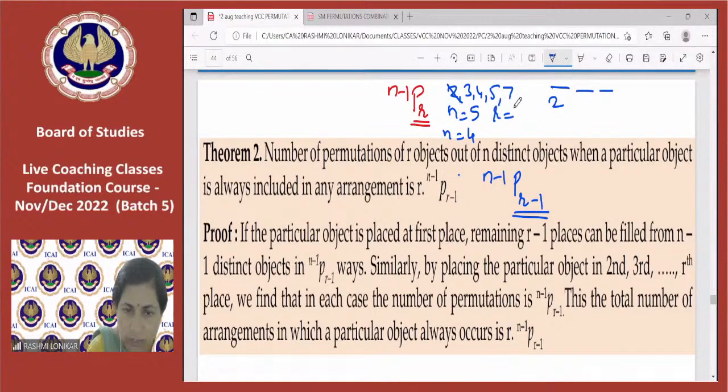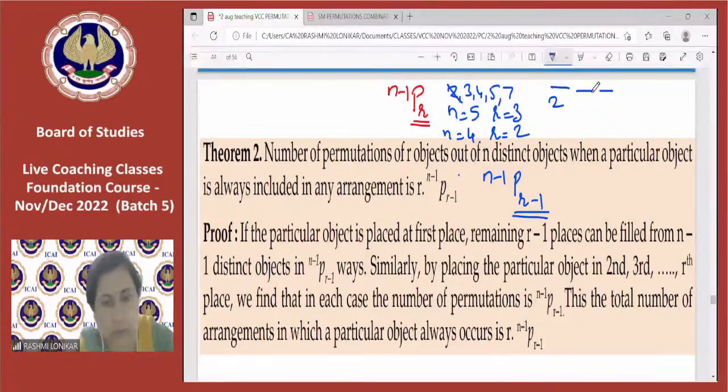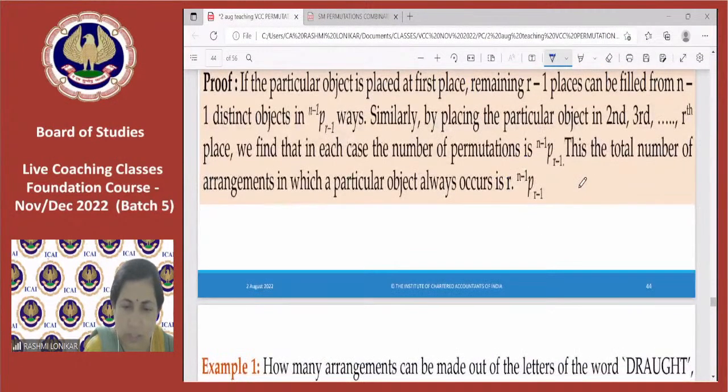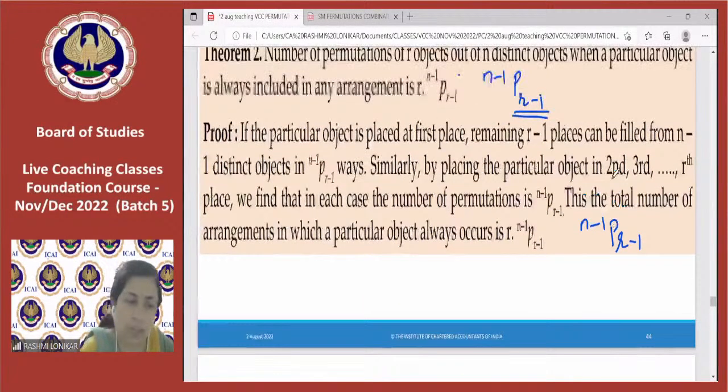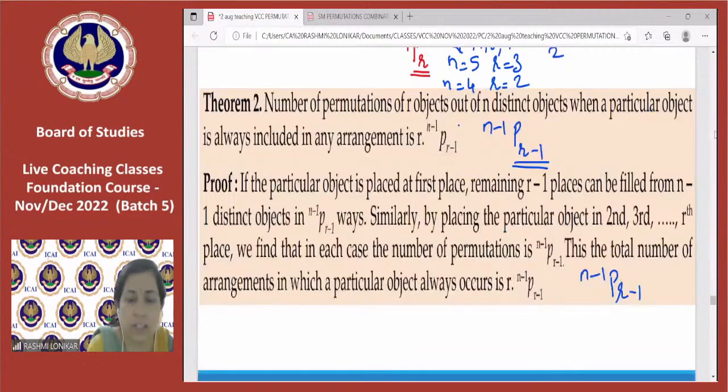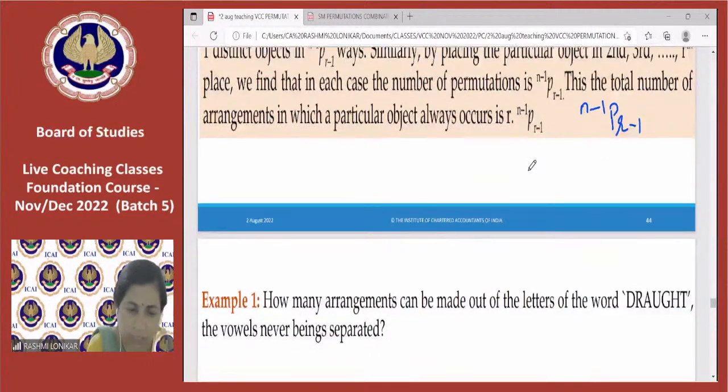Earlier r was 3, but now r has also become 2, 3 minus 1, because only 2 places are there to rearrange. So you may get this as a theory question. This is n minus 1 P r minus 1. So the total number of ways in which n distinct objects can be arranged so that one particular object is always included is given by n minus 1 P r minus 1.